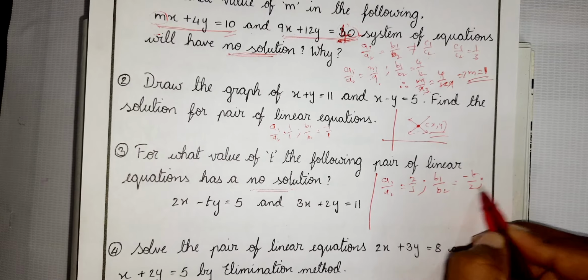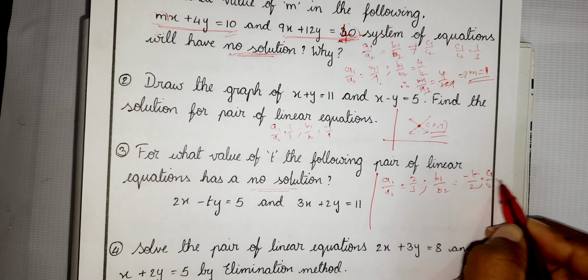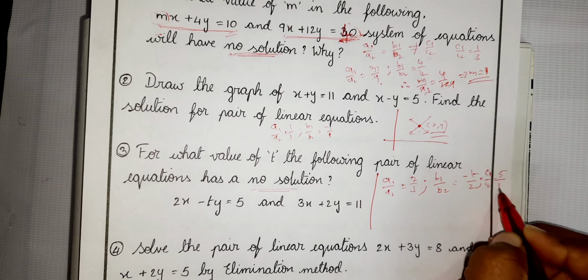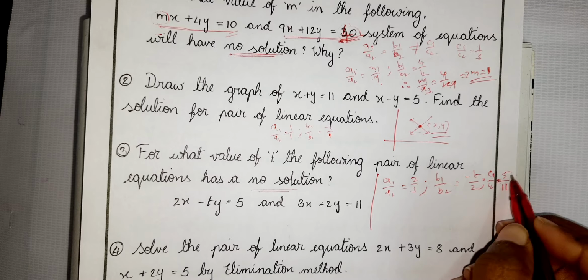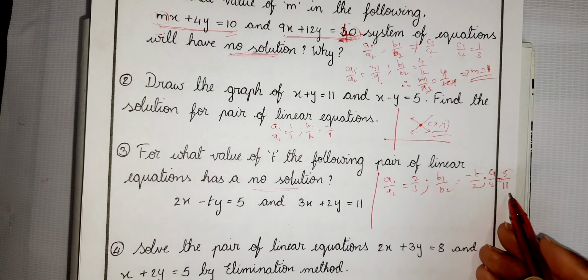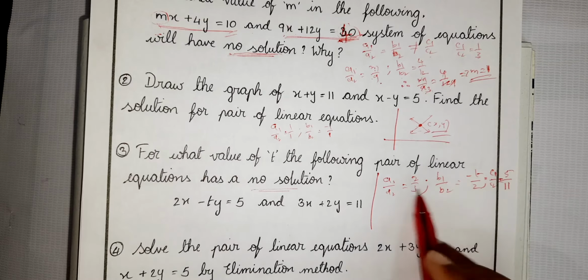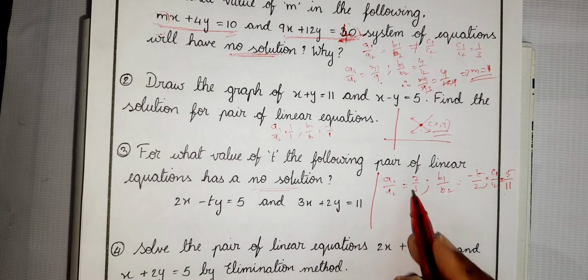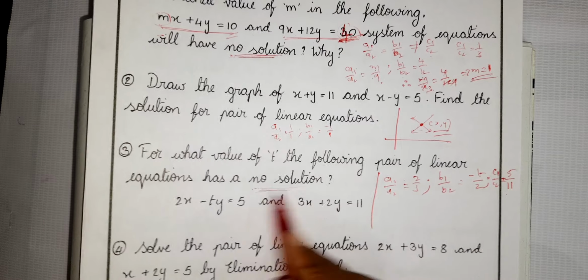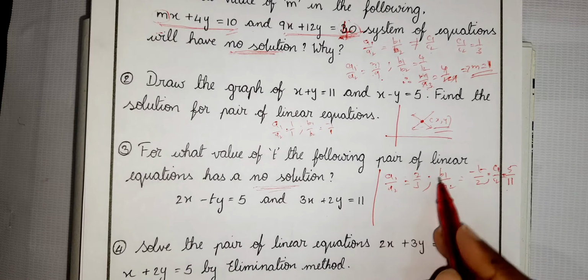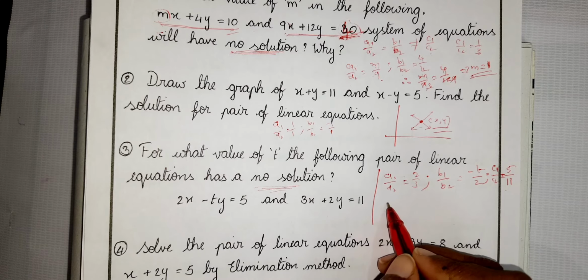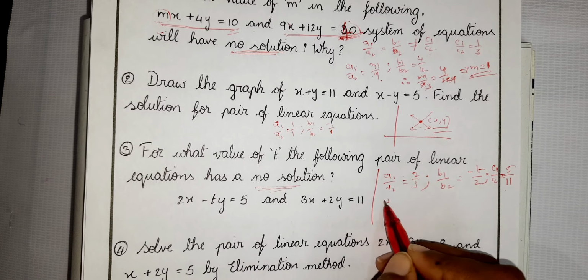And C1 by C2 is equal to 5 by 11, no problem because this is a prime number, no point in reducing. So A1 by A2 is not equal to C1 by C2, therefore there is no problem in the question. Now no solution means A1 by A2 must be equal to B1 by B2. So no solution is given.